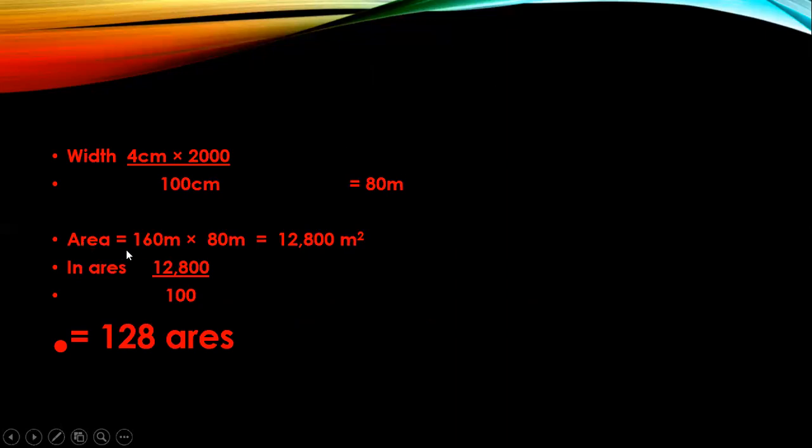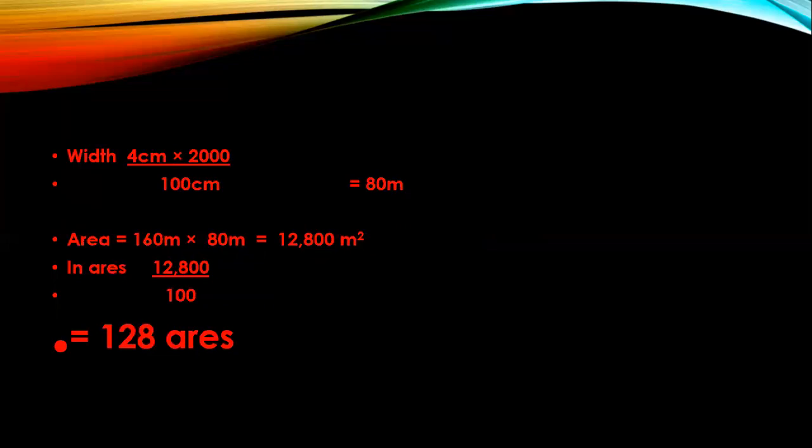So area, like we said earlier, is length times width. If you multiply 160 times 80 meters, your area is 12,800 meters squared. If I wanted your area in square meters, your answer is 12,800. But because I was asking you to find your area in RS, you'll divide your answer by 100.